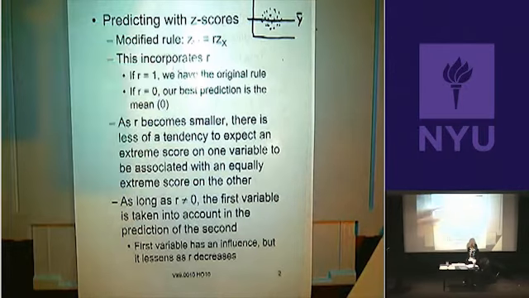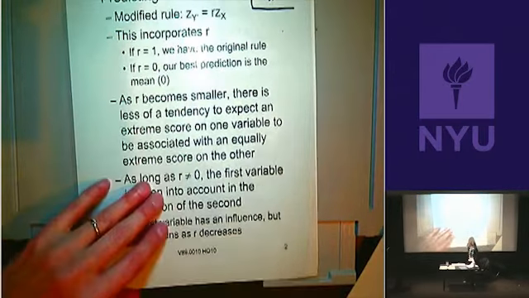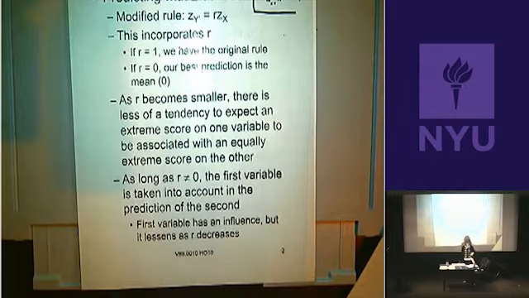Okay? As r becomes smaller, there's less of a tendency to expect an extreme score on one variable to be associated with an extreme score on the other variable. If the correlation is weaker, then the strength of each score is not necessarily going to be the same.